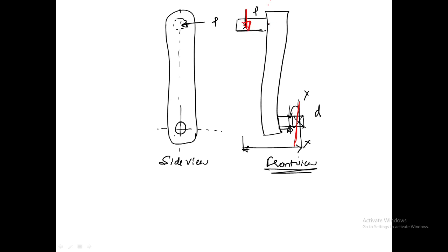Now what happens? This load tries to bend this entire section, not only this portion, because it is fixed here and does not have any degrees of freedom. It tries to bend in a deflected manner.